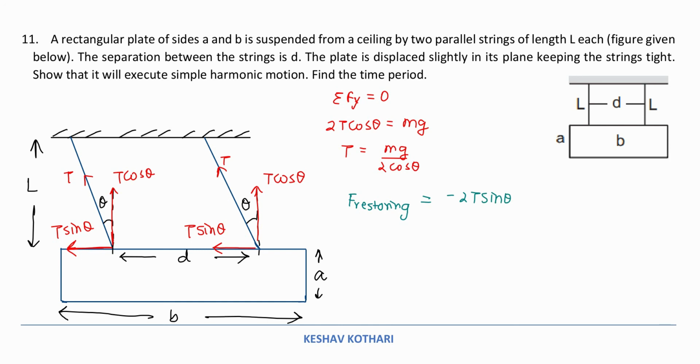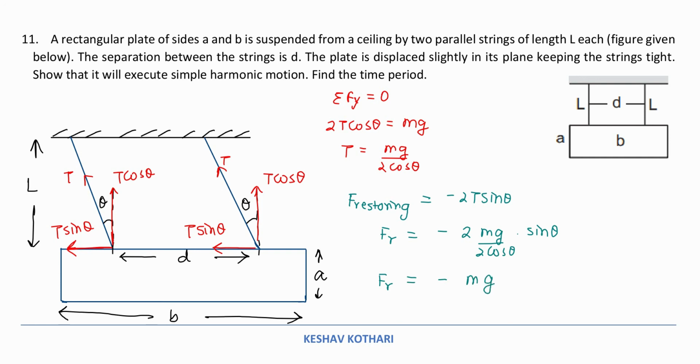So F restoring, Fr, is equal to minus twice of mg by 2 cos theta into sine theta. So over here we can write that F restoring is equal to minus mg tan theta.